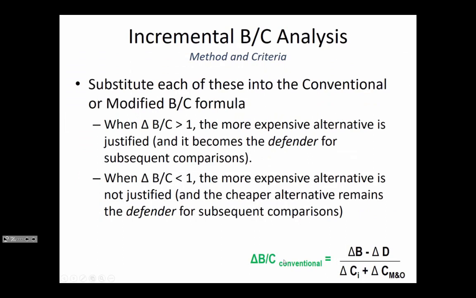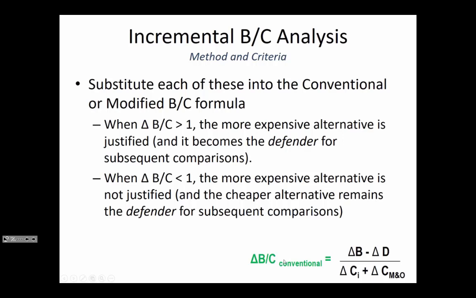So you're looking at the flood wall versus house lifting. What's the difference in benefit, the difference in disbenefit, and so on. And you calculate between the two the return on the incremental cost, and if that ratio is above 1, that means yes, the additional expense is justified, and if it's below 1, then it means no. Move on to the next alternative.